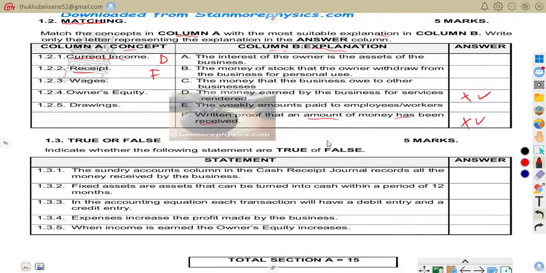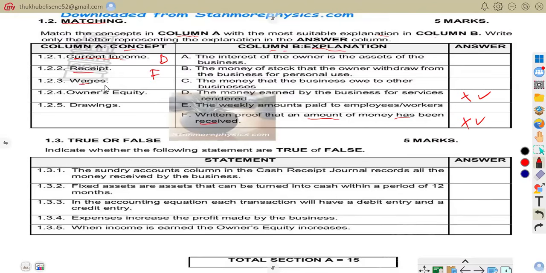For example, after paying school fees, the parent receives a receipt as proof of payment. So that is that, people.